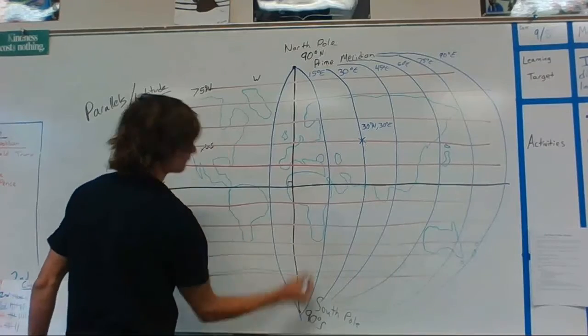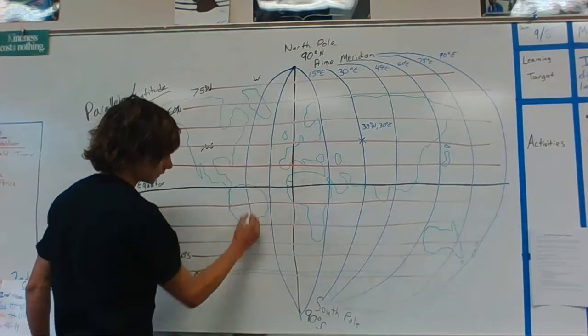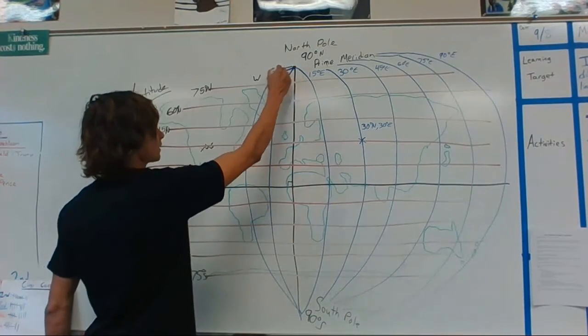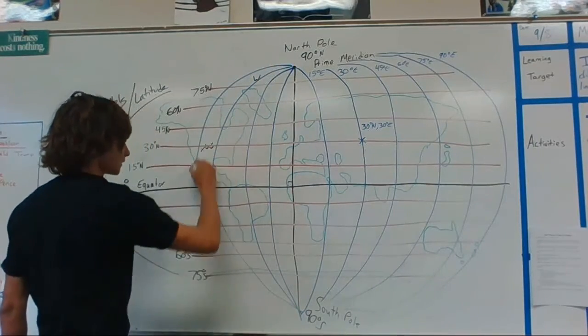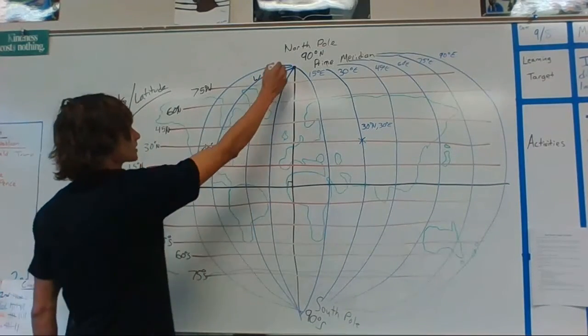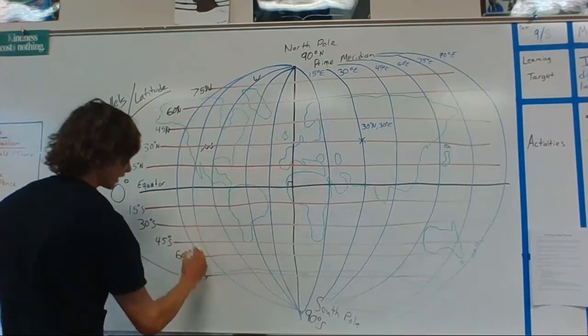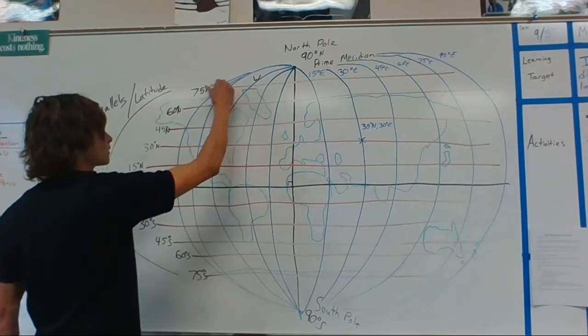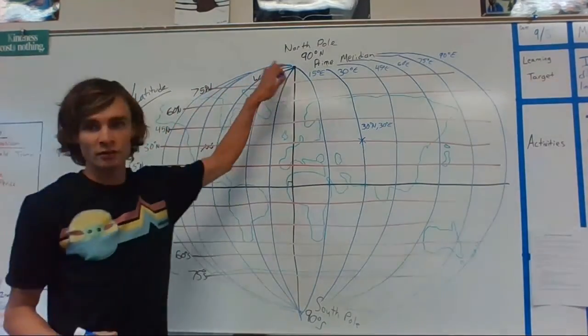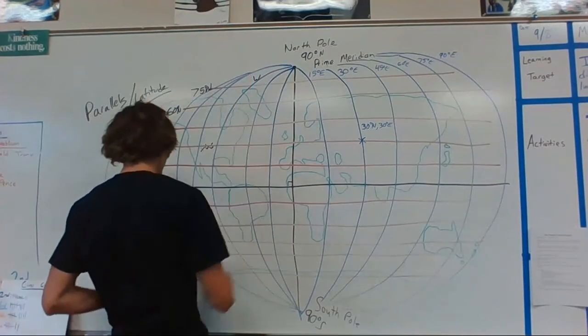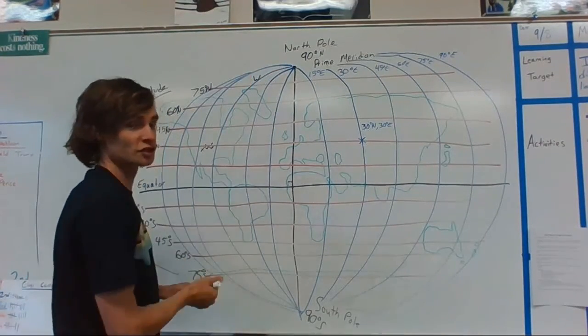We would have 15 west, 30 west, 45 west, 60 west, 75 west, 90 west. These lines are called meridians, or lines of longitude.